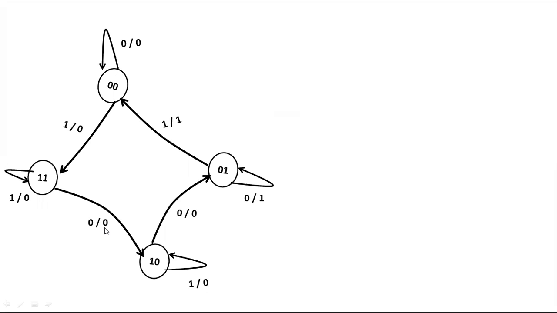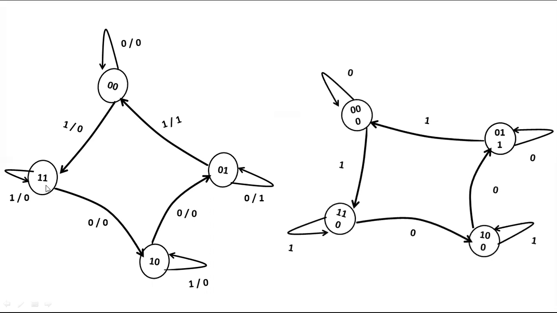Here 0 is the input and 0 is the output, 1 is the input and 1 is the output, 0 is the input and 1 is the output. That output we need to write inside the state. So our Moore state machine will look something like this. We are removing the outputs, and the output is removed and placed here.